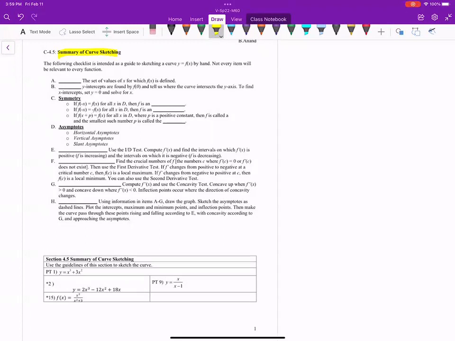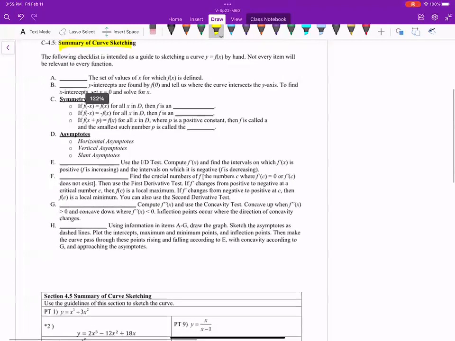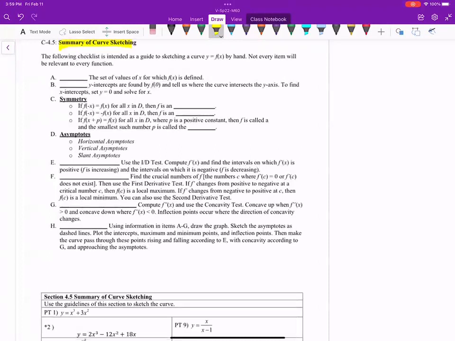Sometimes we will be able to get a good graph with 4 or 5 steps, but sometimes we may have to do more than 4 or 5 steps. But the guidelines are there. We will follow these guidelines as much as it's necessary for the problem.